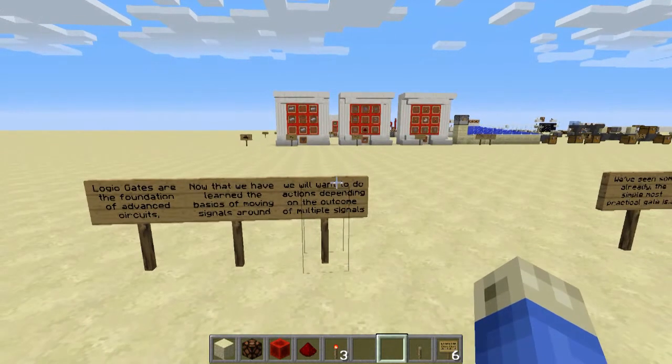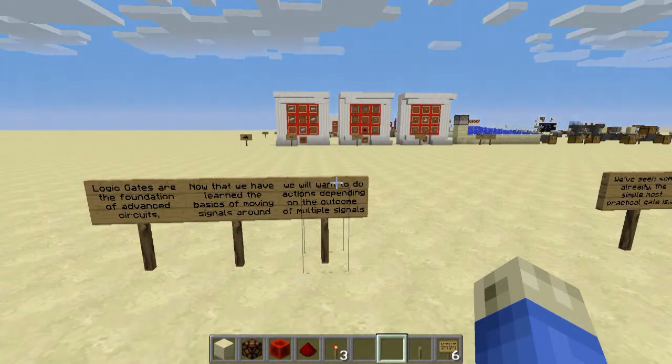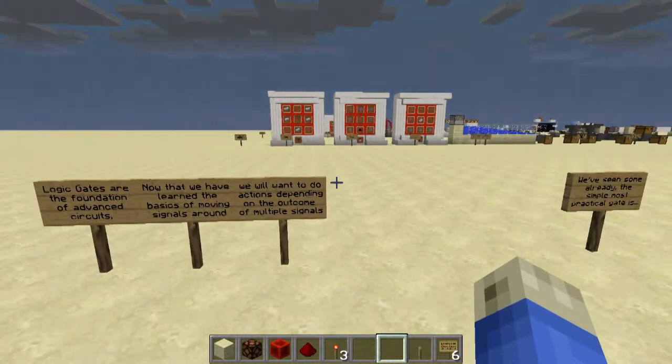And that's where gates come into play, with making logical decisions based on the various inputs of different input signals.